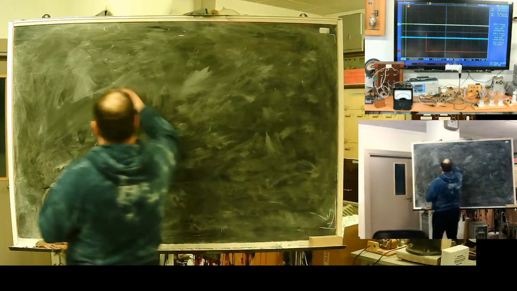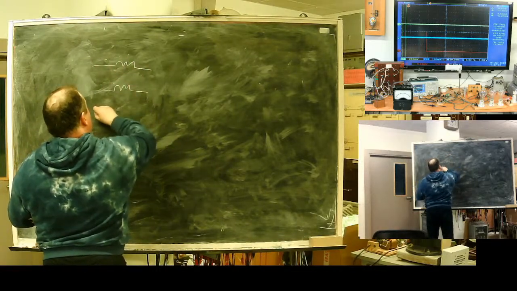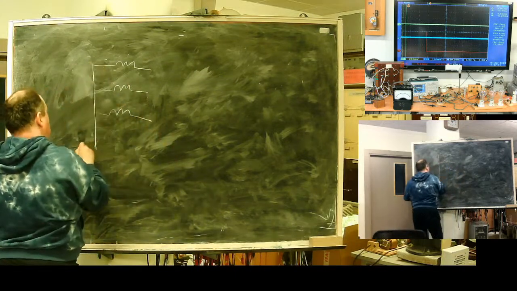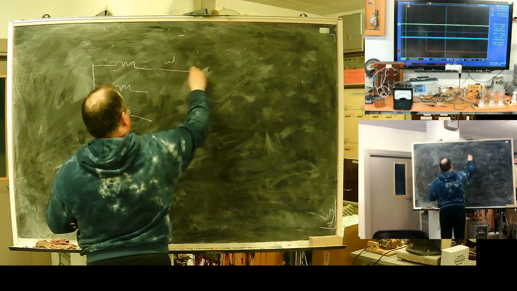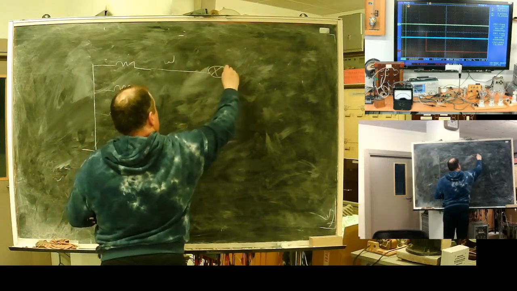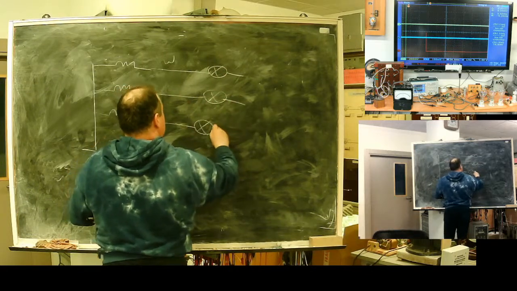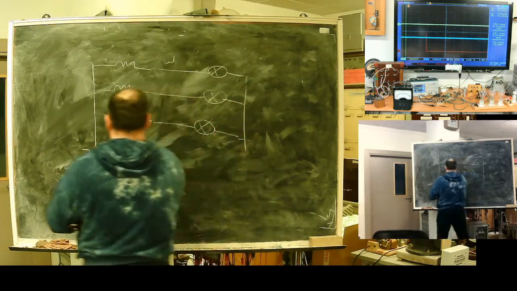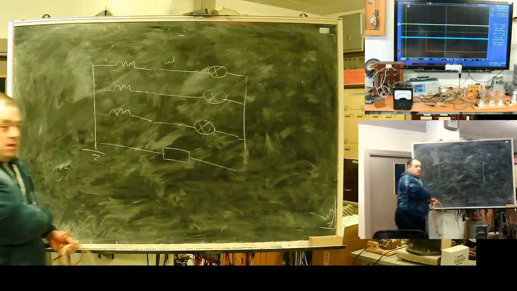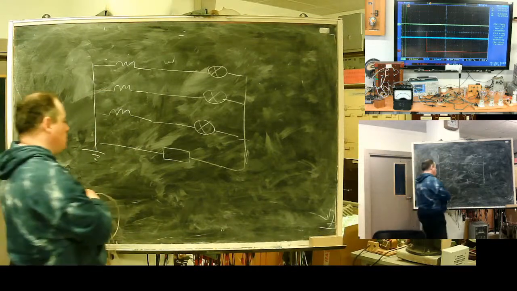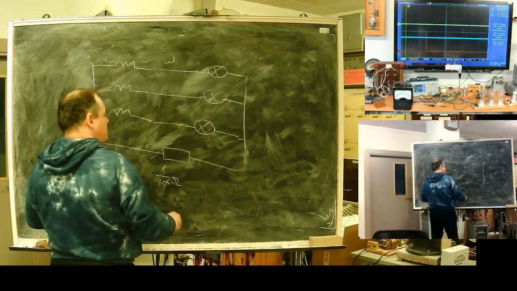I have a star transformer. This is ground. I will install a current sensor here. 1, 2, 3. This goes up. Here will be this 1/10 of an ohm resistor.